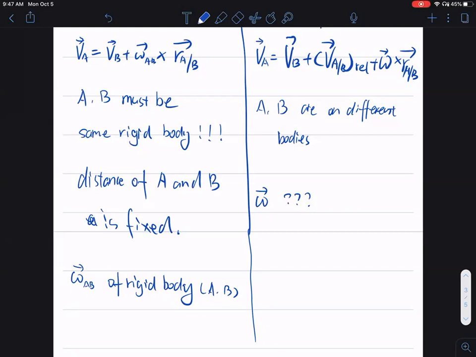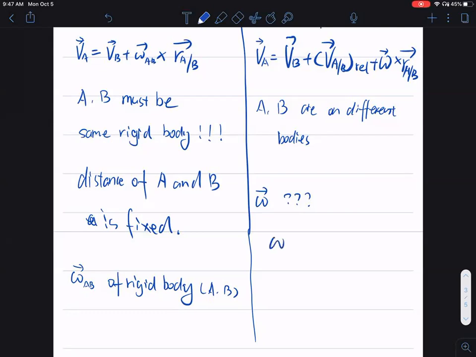Okay, now here's a question. If you want to use omega, should that be the rigid body for A, omega A, or omega B? Have you thought about that?